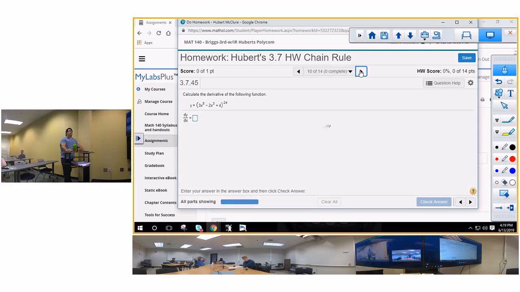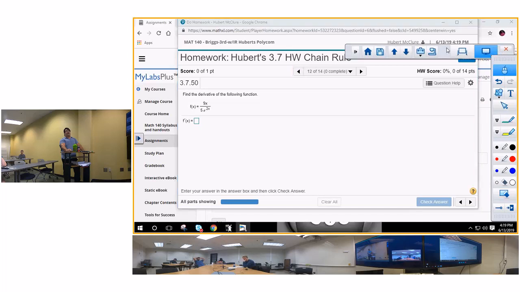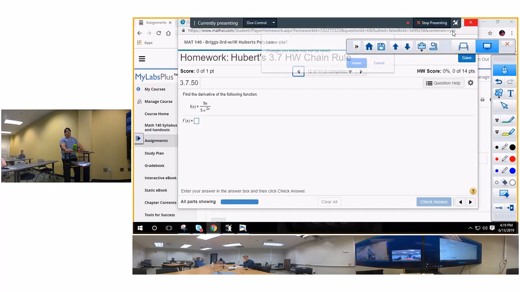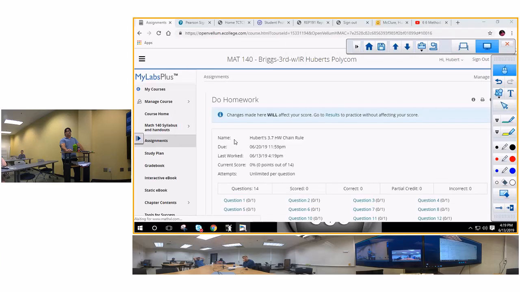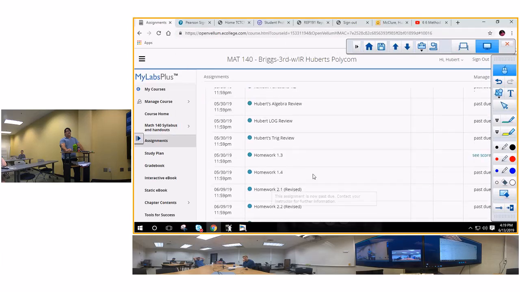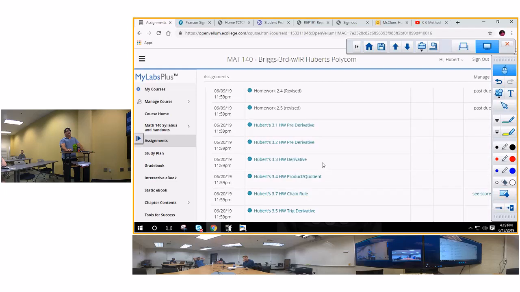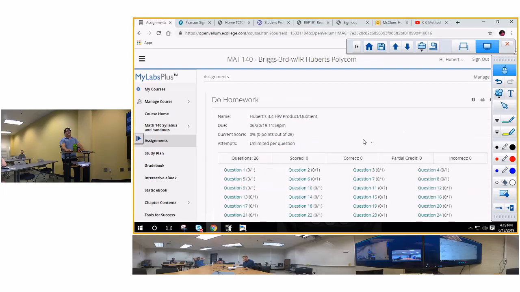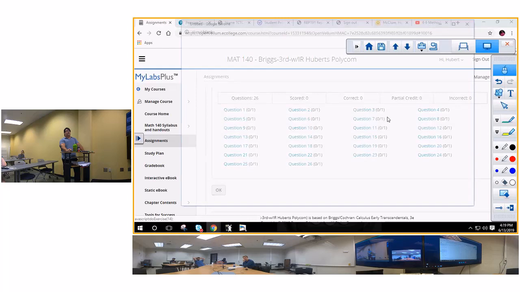That's quotient rule or chain rule. Do you want chain rule or quotient rule? I mean, product rule. You want product, right? Okay, let me go back and do the product rule. It's easier for me to find a product rule than trying to find a nested one. And I don't want people to pass out, so we can do one right quick.